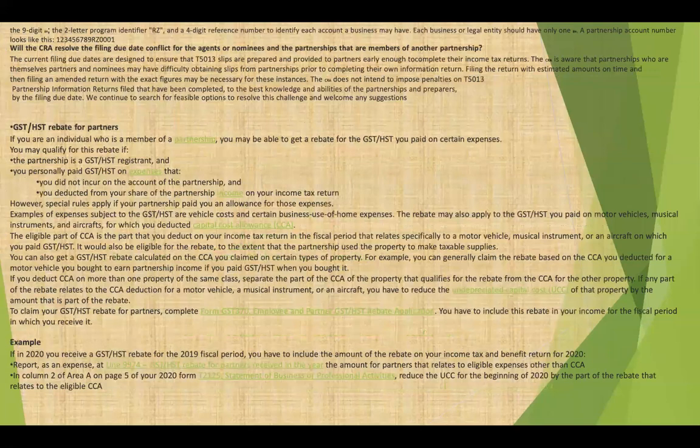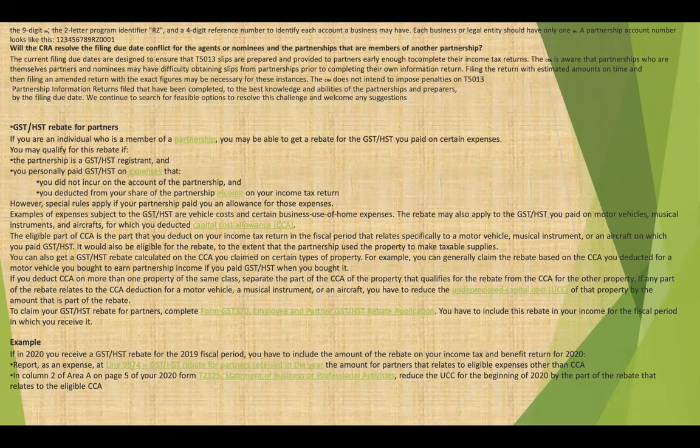We also have to talk about the GST and HST rebate for partners. If you are an individual who is a member of a partnership, you may be able to get rebates for the GST you paid on certain expenses.